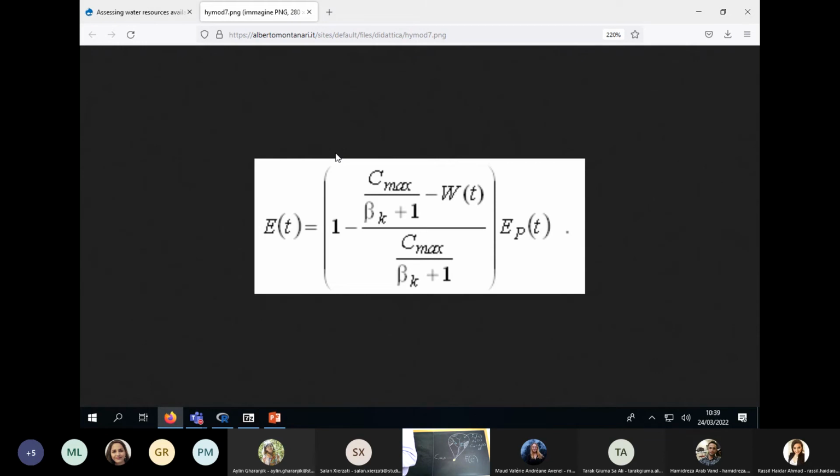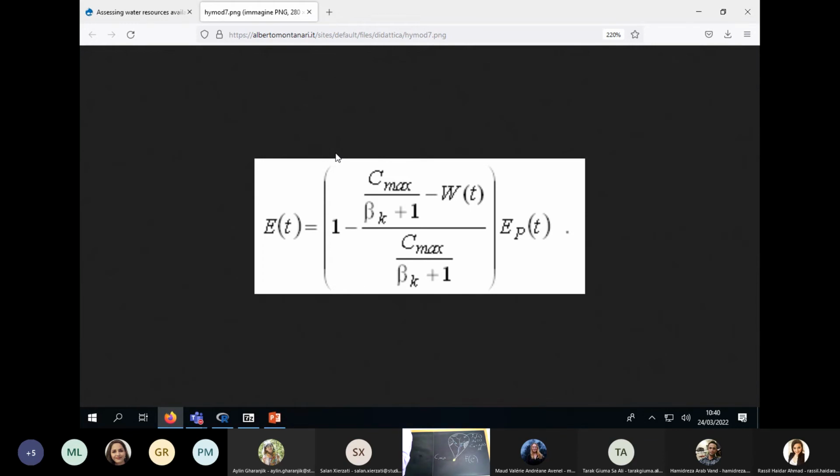So let's suppose that WT is equal to 0. So you don't have water to be evaporated. What are you expecting? You are expecting that ET is 0. So let's put WT equal to 0, and you see that the fraction is 1. 1 minus 1 is 0. And indeed, you get ET equal to 0. Let's suppose that WT is equal to the max value. What is the max value? It is Cmax divided by beta K plus 1. At the numerator, you have 0. The result between round parentheses is 1. So ET is equal to EPT.